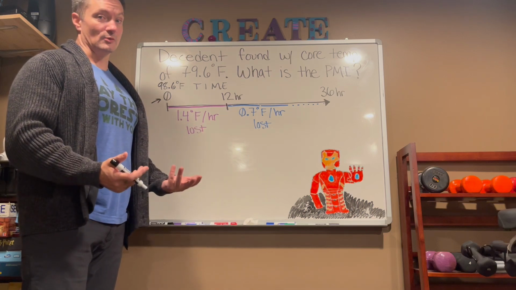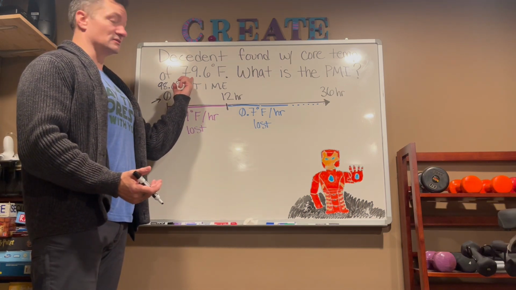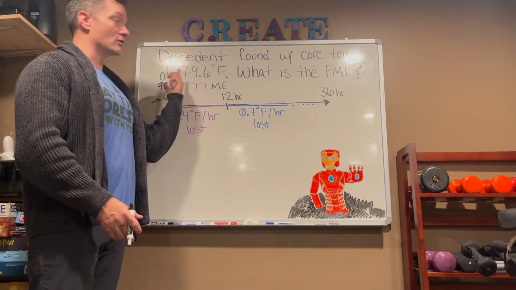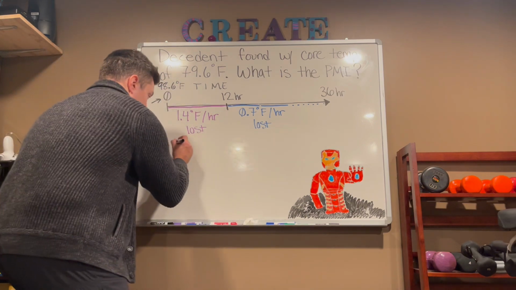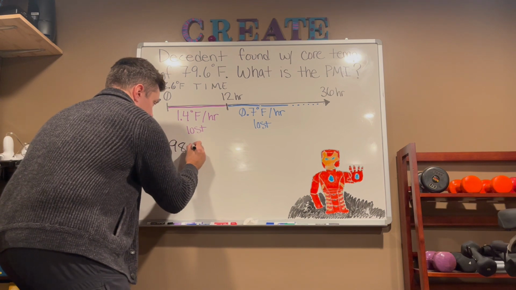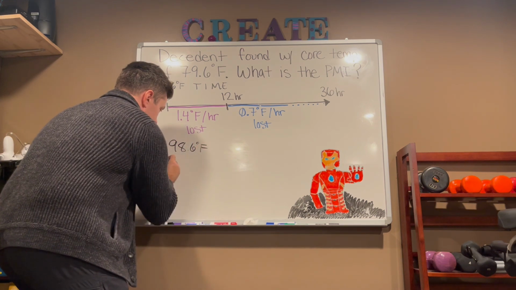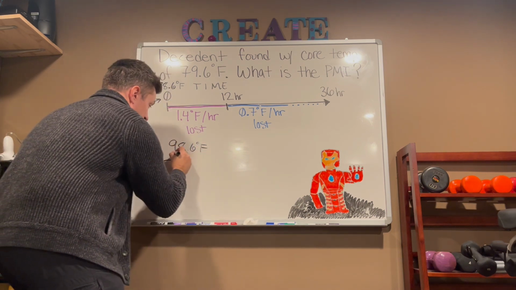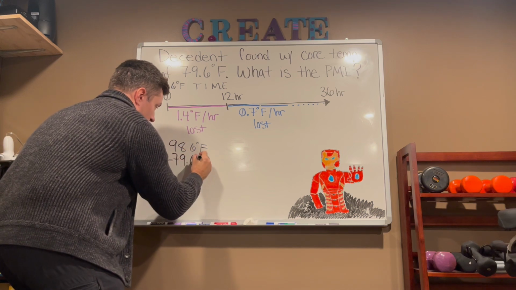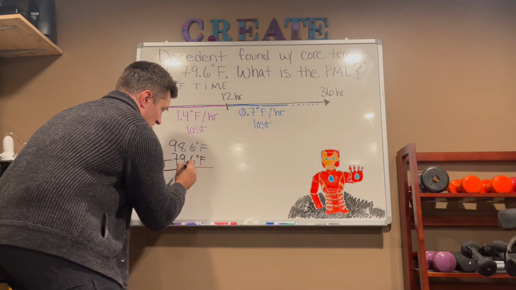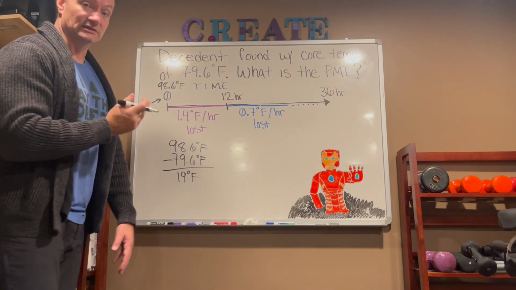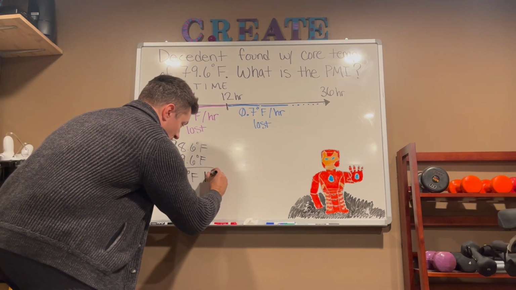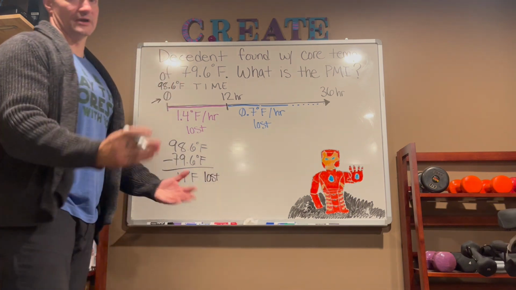So how do we figure out the difference between the core temperature they're at now versus where they were in the beginning? Subtraction. So we take 98.6 degrees Fahrenheit, and we subtract our 79.6 degrees Fahrenheit, and that gives us 19 degrees Fahrenheit, and that is heat lost. So they lost 19 degrees Fahrenheit.